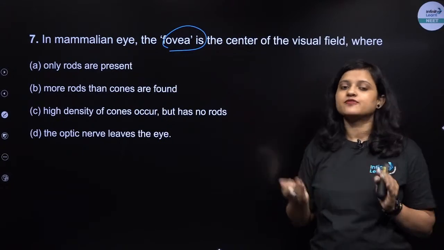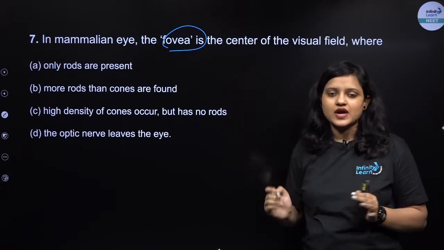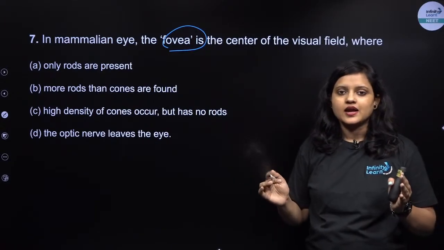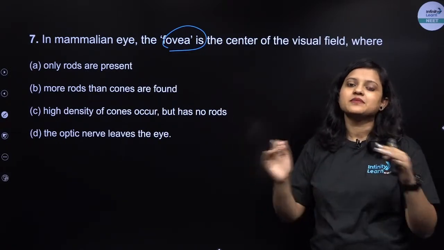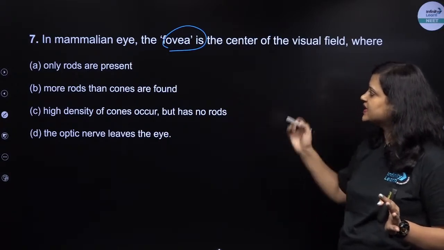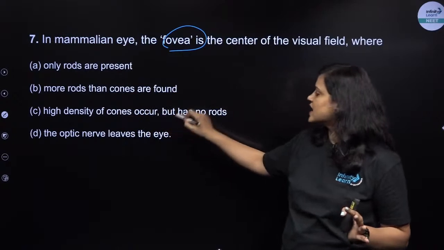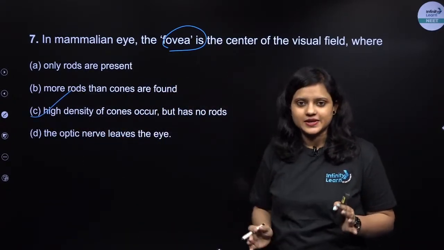No image is formed there. But what is fovea centralis? It is that part of the retina in which cones are present in majority. So the correct option will be high density of cones occur but no rods. Yes, it should be C.